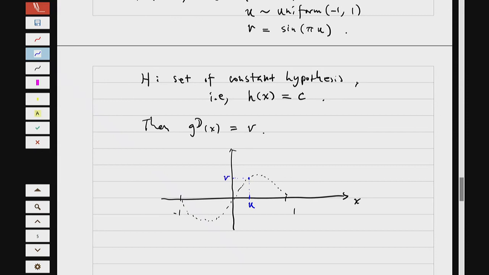Yeah, you're given V here. This is the point you're given, right? You want to find the best estimate, but out of the H set that you have, right? It's a constant set. All of your hypotheses have to be constant. So therefore, you have no choice but to use this. This is your g_D, right? This will be your final hypothesis in this very simple toy example. Everyone agrees?